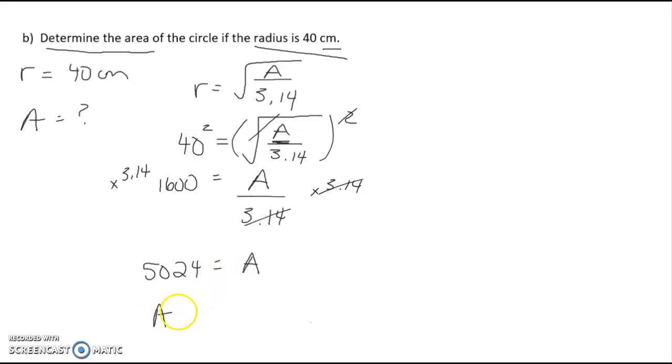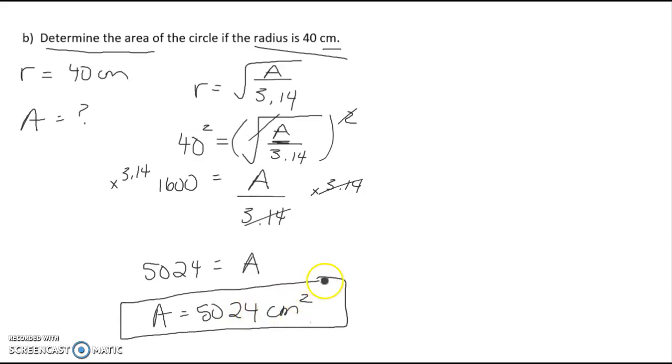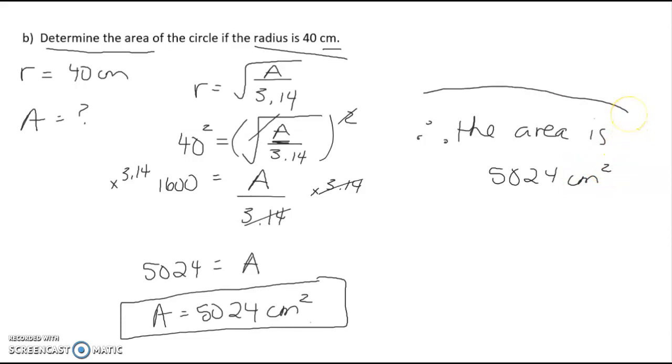So A equals 5024 centimeters, and it's squared because area is squared. Okay, so therefore the area is 5,024 centimeters squared.